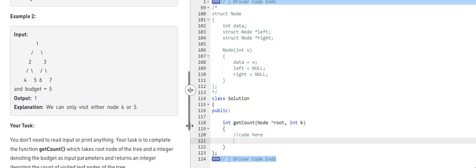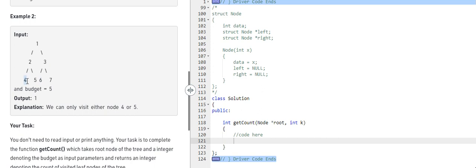Okay, see the next test case. This tree is given and we are starting at the root, and our budget is 5 for reaching nodes. Here we can see that the nodes have levels 1, 2 and 3, because 4 is at level 3 of the tree, and 5 is also at level 3, 6 at level 3 and 7 is at level 3.